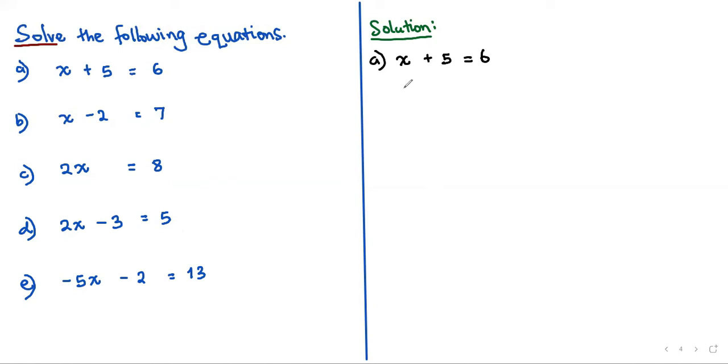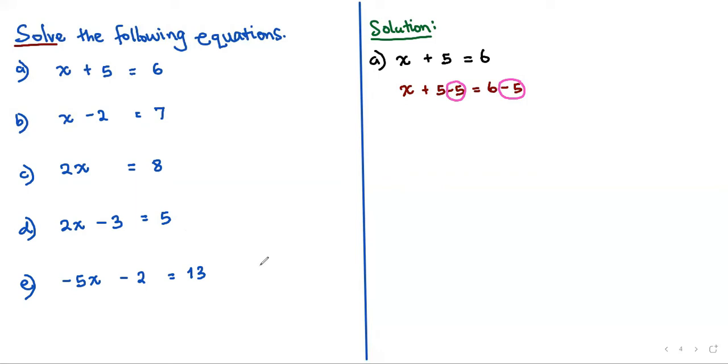So we can say that x plus 5 minus 5 is equal to 6 minus 5. Now, this is what we are talking about. When I take away 5 from here, I must take away 5 from here in order to have the equation balancing.